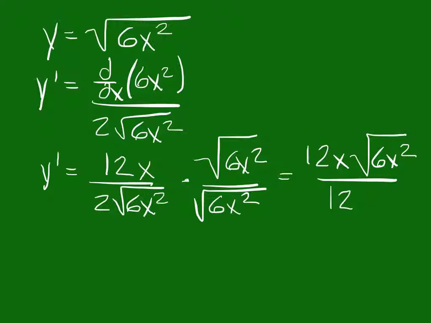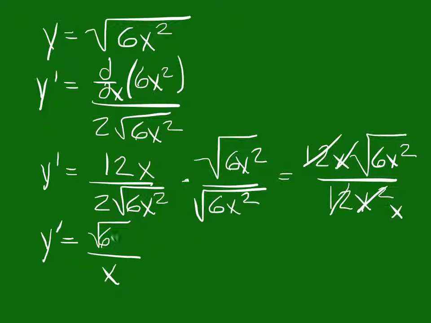over 12x squared. Now we're not finished by a long shot, because notice here the 12s are gone, as well as an x on top and an x from the bottom. So we have an x on the bottom, and on the top we still have the square root of 6x squared. We're not finished yet.